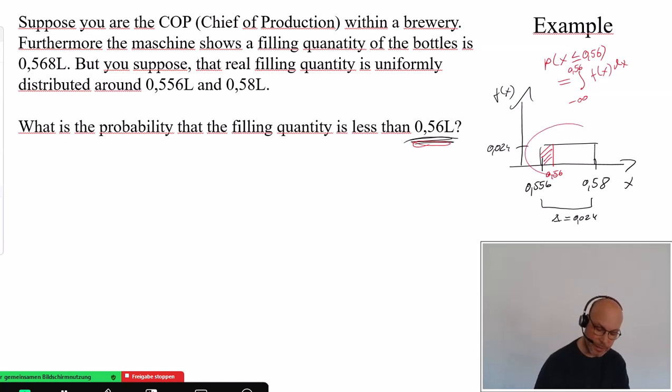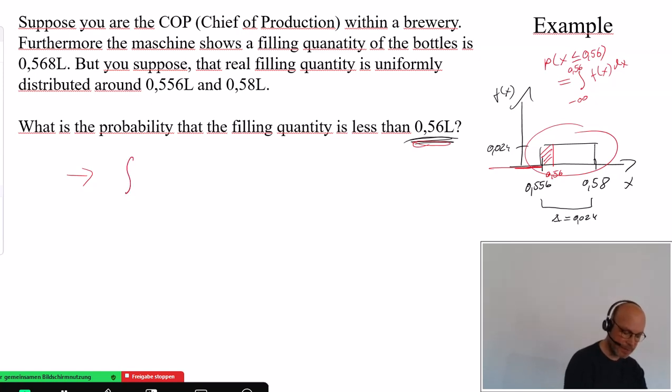So inserting now our density function, we see we are at 0 until 0.556. We have to calculate the integral from 0.556 until 0.56 of the horizontal line 0.024 dx.